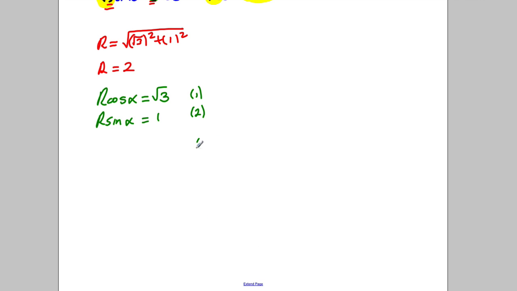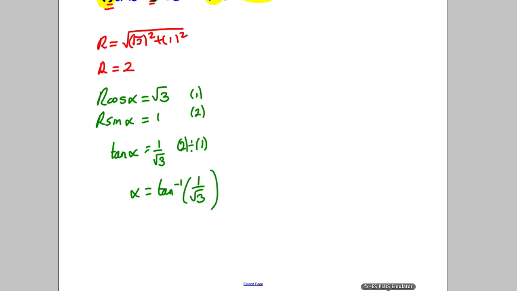And if we do equation 2 divided by equation 1, what do we get? Well, we get 1 divided by root 3. R sine alpha divided by r cos alpha, the r's cancel, and we get tan alpha. And therefore alpha is the inverse tan of 1 divided by root 3.